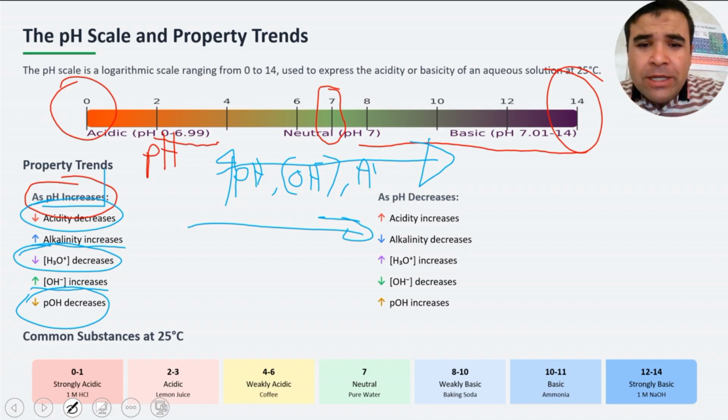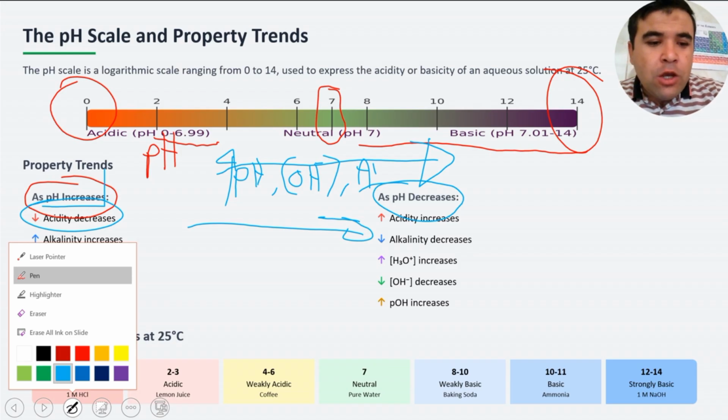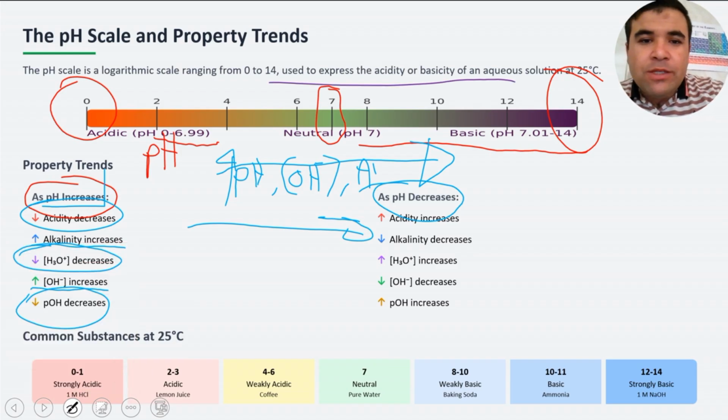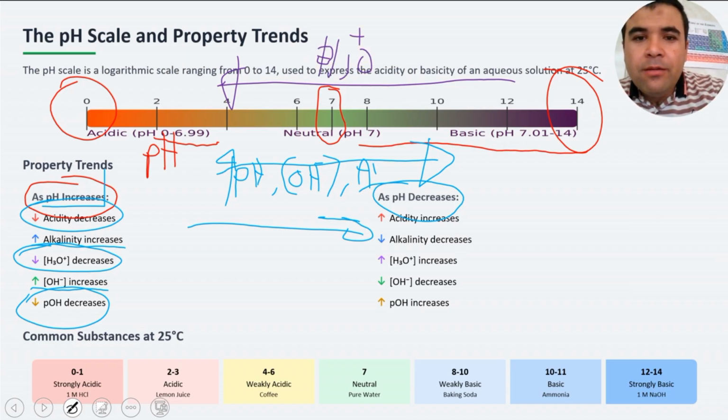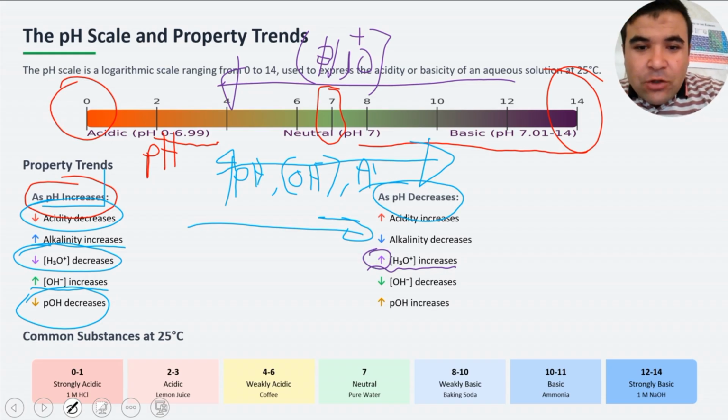In the opposite, as the pH decreases, guys, what will happen? The pH decreases in this direction, okay? The hydronium concentration increases, the acidity increases, and then the pOH increases as well.